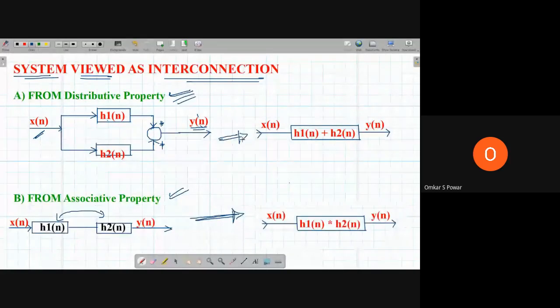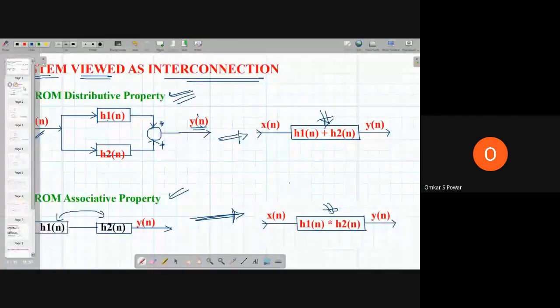If they give you this kind of problem, it's a bumper for you, it's easy to solve. Remember, when these two are in parallel, add or subtract, and when they are in series, you have to convolve them. This is the convolution operation, and here it is addition or subtraction. Using this property, we will solve problems today.